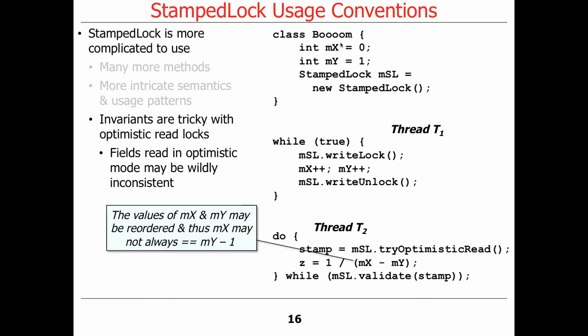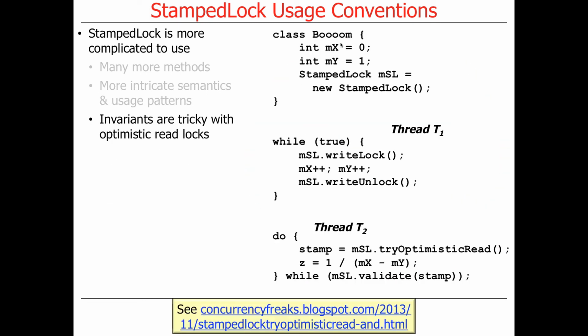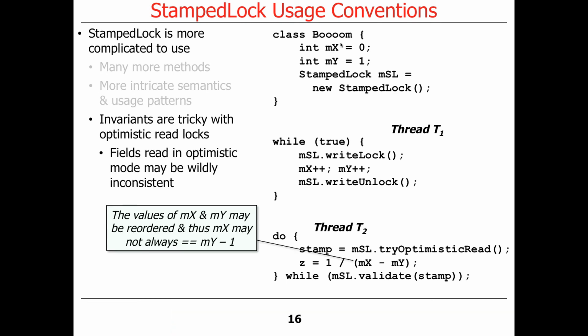So you may end up with 1 minus 1 equals 0, and now you're dividing by 0 and all this kind of stuff. The point here is that you need to be very careful if you have these complex invariants that span across fields that you're trying to access with an optimistic read lock. If you go here, you can find out more about why this is tricky and awkward. I recommend you take a look at that.